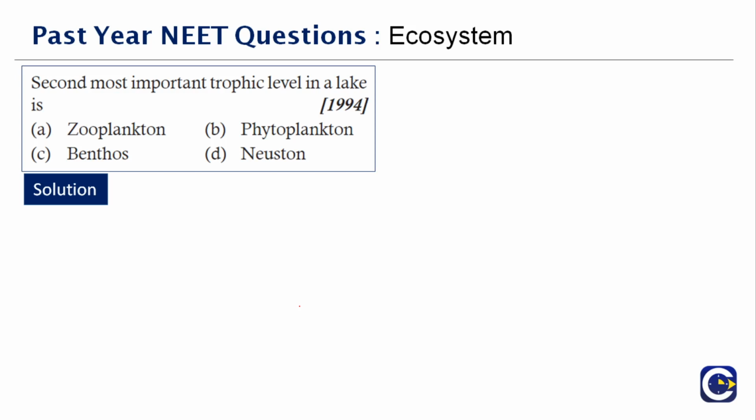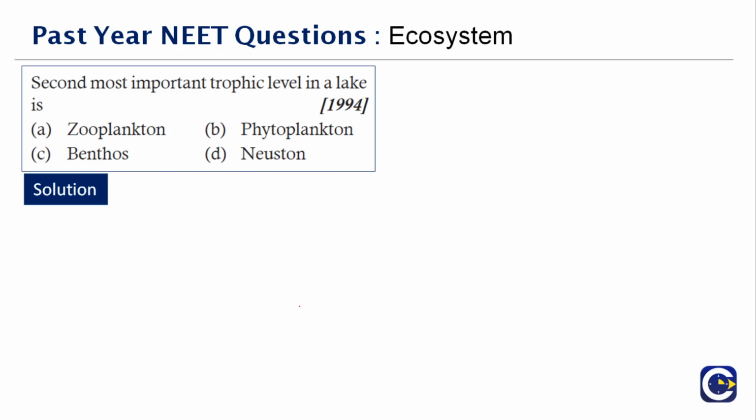Now benthos can be defined as a community of organisms that live in or near the seabed, river, lake or stream bottom, also known as the benthic zone. Now what do you mean by neuston? See, neuston is actually small aquatic organisms inhabiting the surface layer and moving on the surface film.